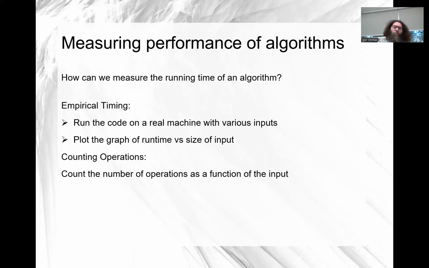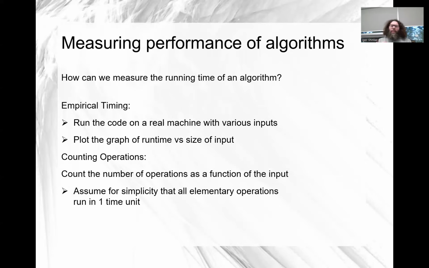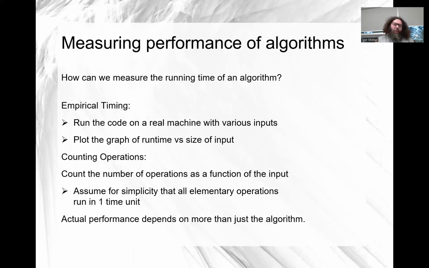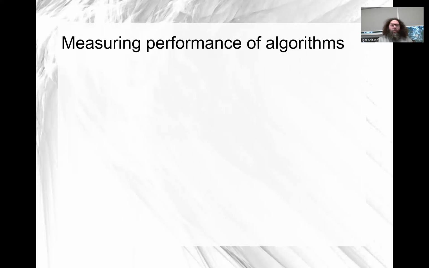So here's what we do. We don't really run the code, but instead, given an input, we want to count how many operations we run on this function. Assume for simplicity that all operations, like plus and multiply and compare and equal, take one time unit. In reality, it's not exactly true, but just to simplify things, let's say all operations are exactly one time unit.